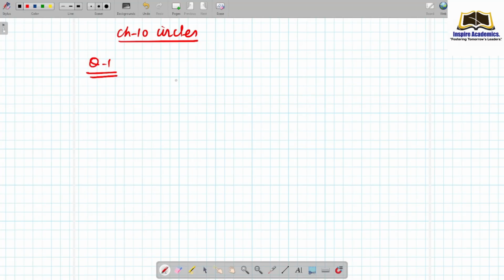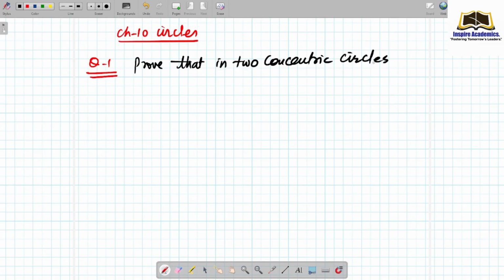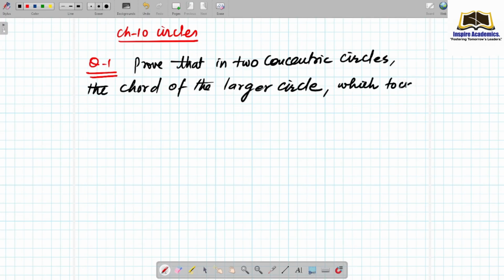Let me write down. Prove that in two concentric circles, the chord of the larger circle which touches the smaller circle is bisected at the point of contact.